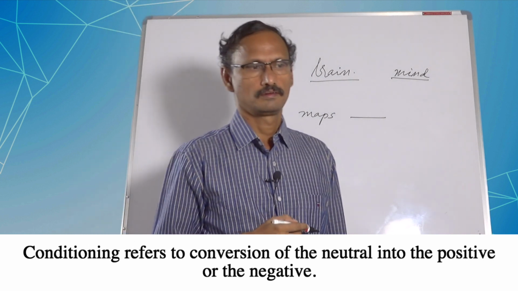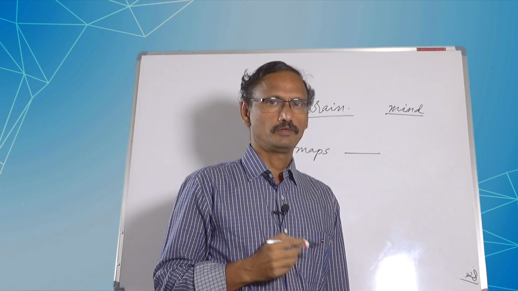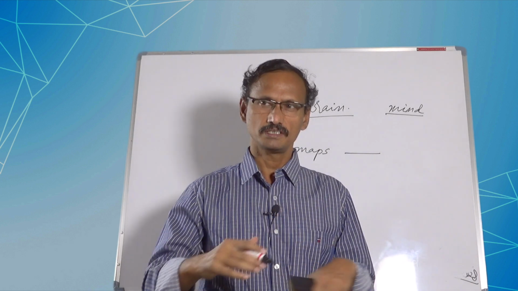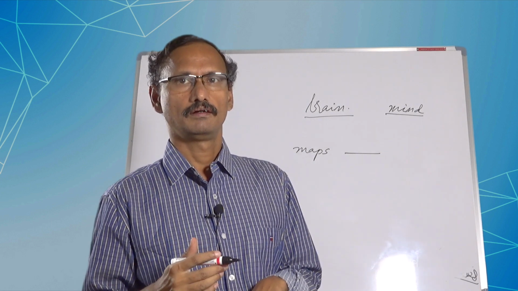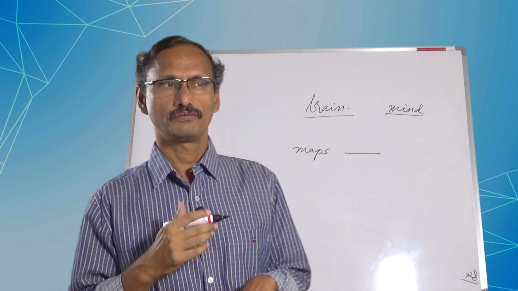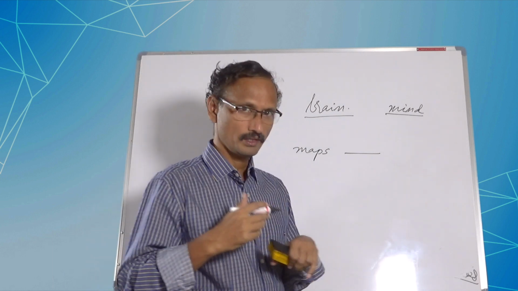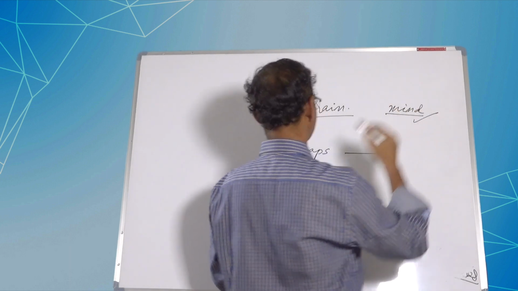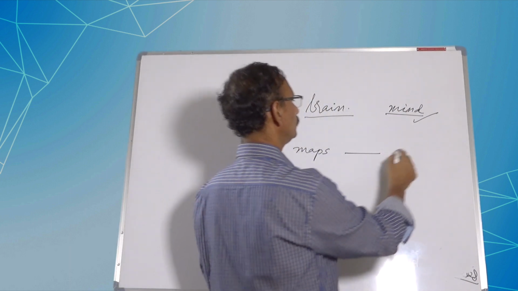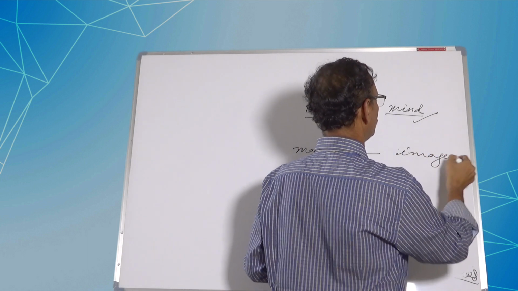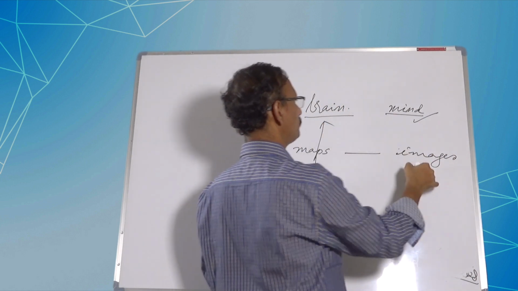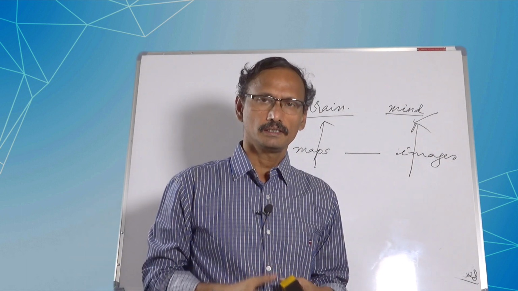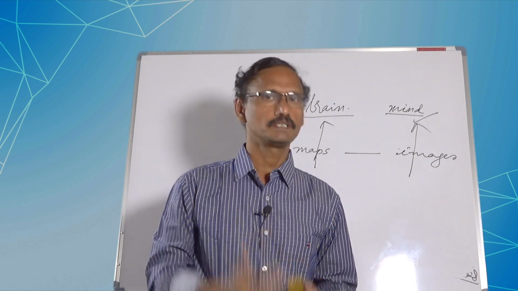In a video game, there are only images, but manipulation of images in a particular way, or manipulation of maps in a particular way, is called mind. Damasio calls them images. Maps refer to the brain and images refer to the mind. So mind is nothing but manipulation of images.